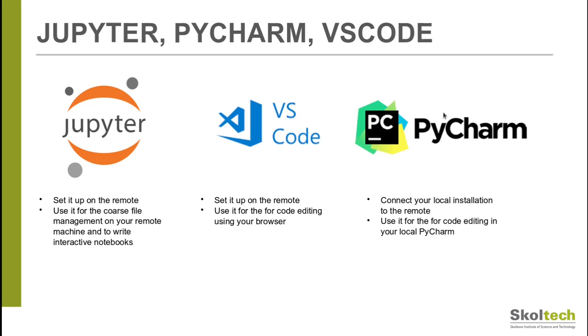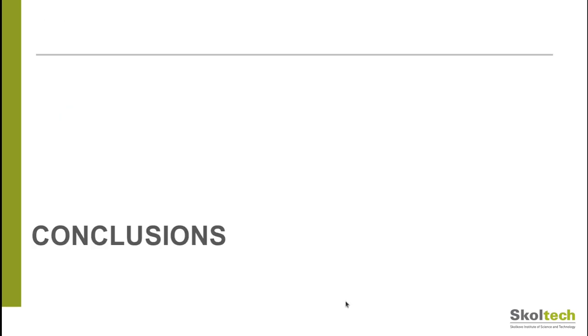For example, you can set up VSCode on your server, then connect to it via your internet browser, or you can set up a PyCharm instance and then connect using your local PyCharm installation. Please note that information about SSH and port forwarding would be very helpful here, because these applications are servers raised on some port on the remote machine and you want to connect to it.